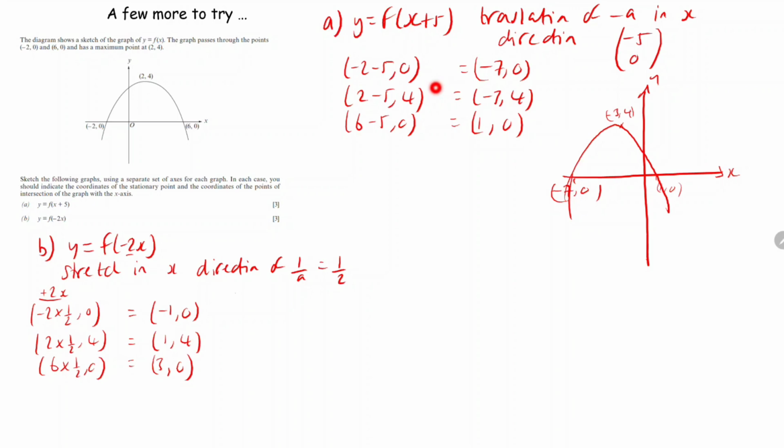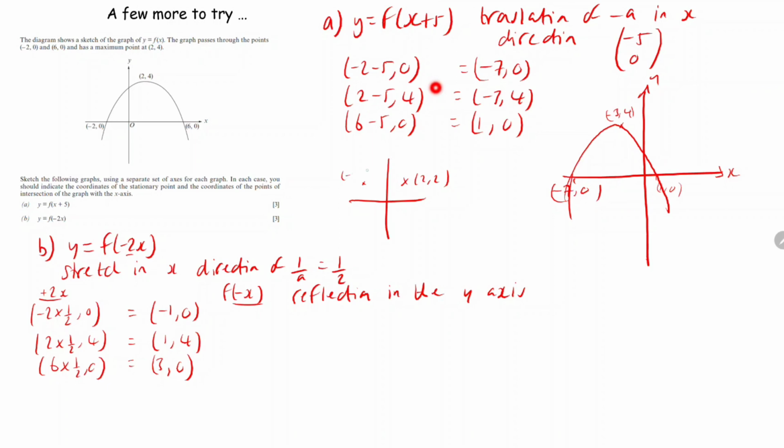Then we've got to think about this f of minus x. Now if you remember, this is a reflection in the y-axis. So let's say we had the coordinates here which were 2, 2, and I want to reflect them in the y-axis.